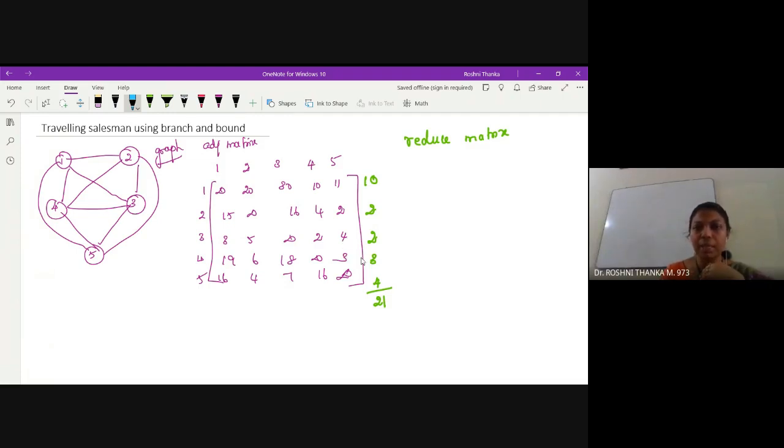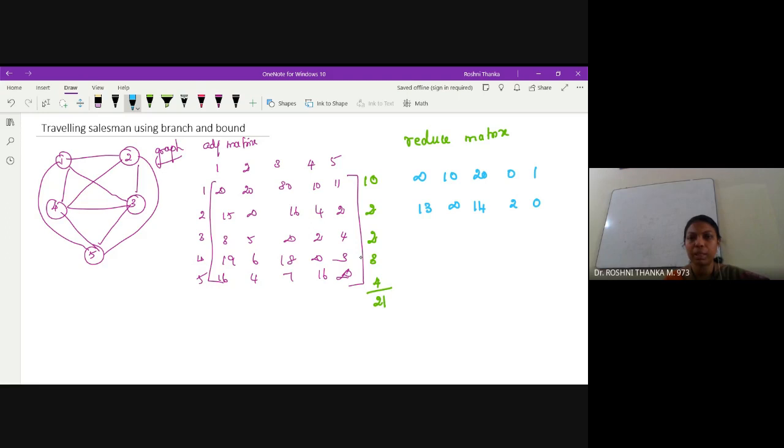When we subtract 10 from the first row, the result will be infinity, 10, 20, 0 and 1. So I have reduced the first row. Similarly, in the second row, I have to reduce it by subtracting 2. So I'll be getting the values 13, infinity, 14, 2 and 0.